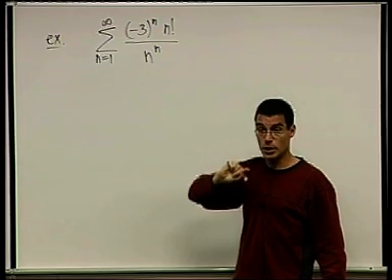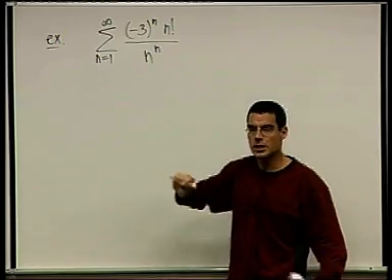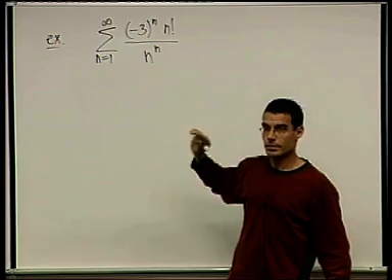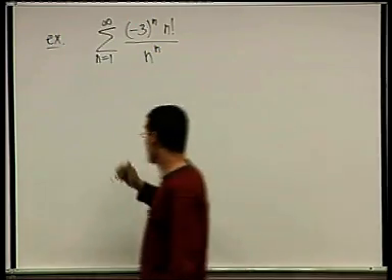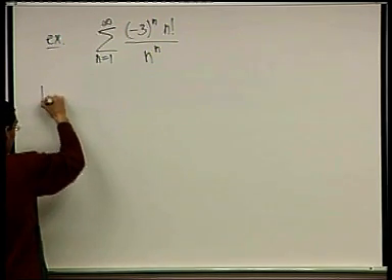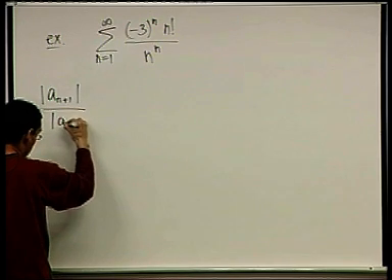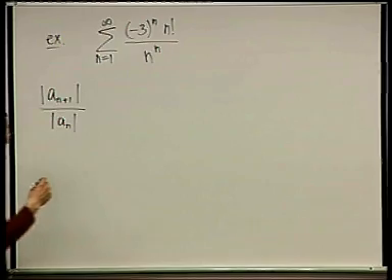Not compare. The ratio test. Whenever you see this factorial, it's really, hey, use the ratio test. That's what you should have in mind. Factorials really call for ratio tests. So let's do it. So what's a_(n+1) over a_n? I'm doing the ratio test for the absolute value.